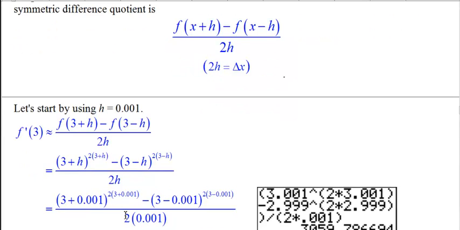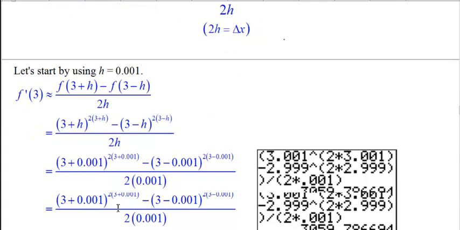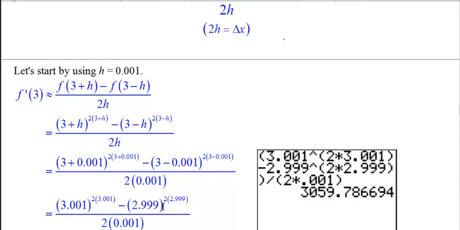And then now let's plug in the number for h that we have. So if we use an h of 0.001, you may have used some other choices, but this is the one I chose here. Simplifying a little bit before we put it in the calculator, we get in the numerator 3.001 to the power 2 times 3.001 minus 2.999 to the power 2 times 2.999, over 2 times 0.001.